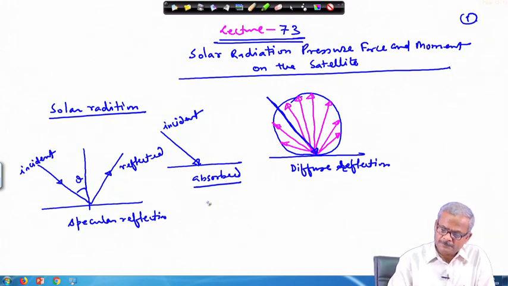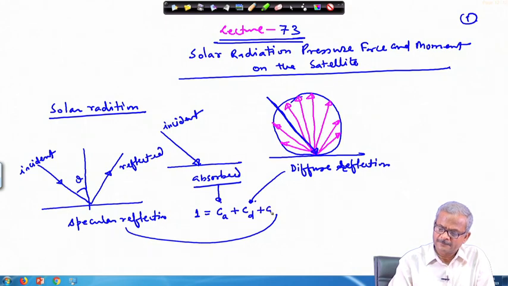So, if we consider that 1 unit of solar radiation is incident on the surface, this can be broken into 3 fractions. One fraction is for the absorbed one, another fraction for the diffused one, and the third fraction for the reflected one.